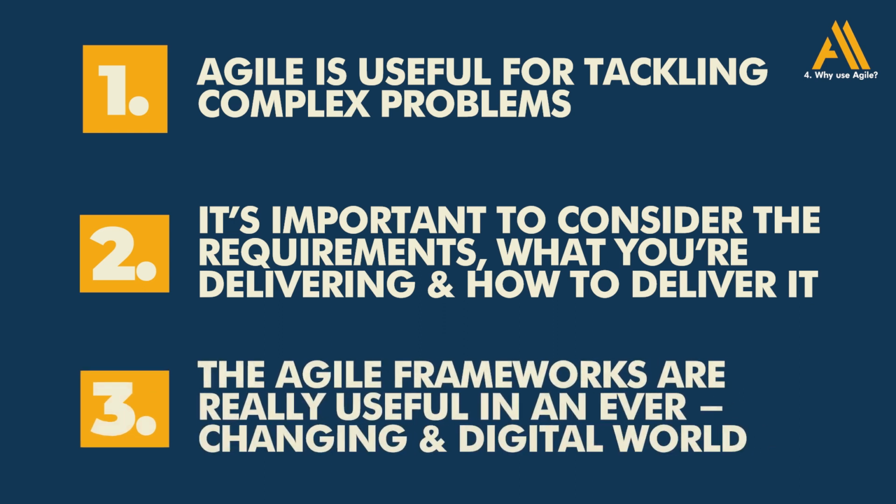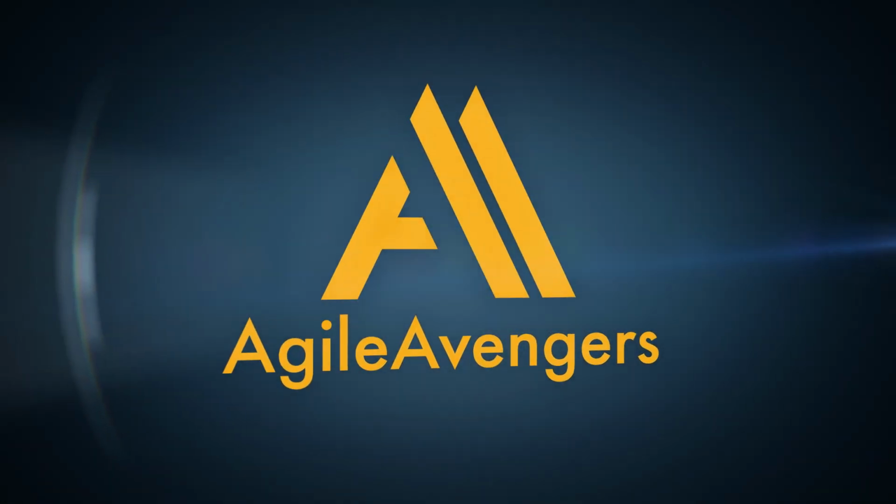Key takeaway number 3: today's world is very digital and constantly changing, and this is why the Agile frameworks and ways of working can be really useful. So we've just covered why we would use Agile and in what situations it is most useful. What we're going to do now is look a little bit more in detail at the Agile values.